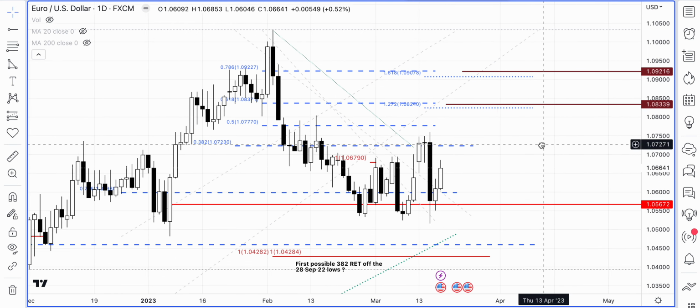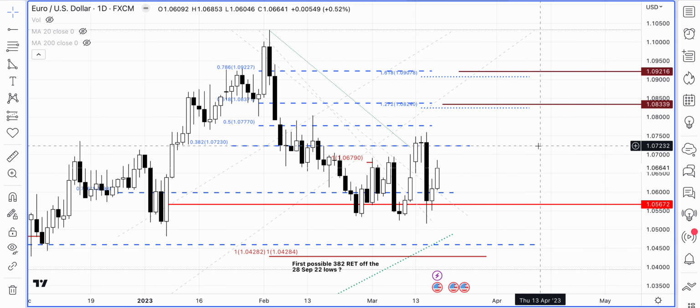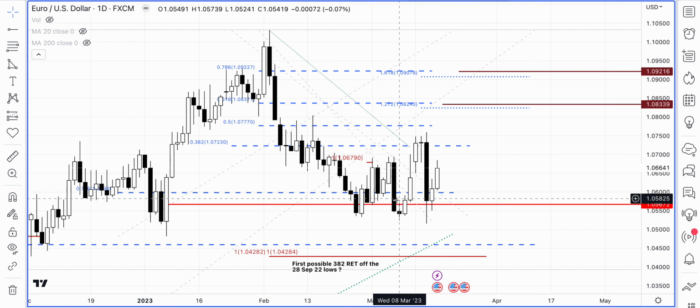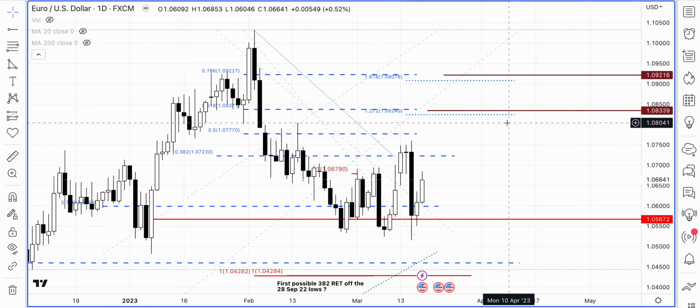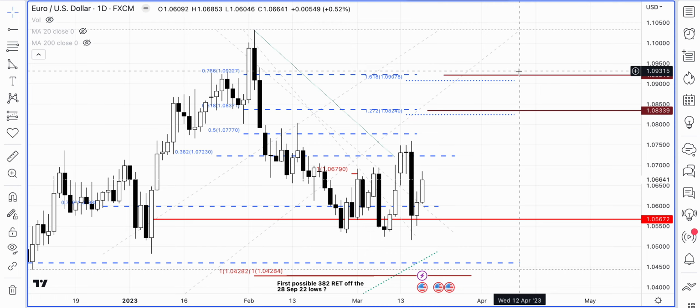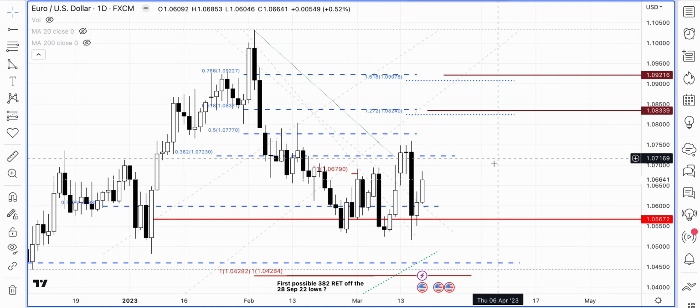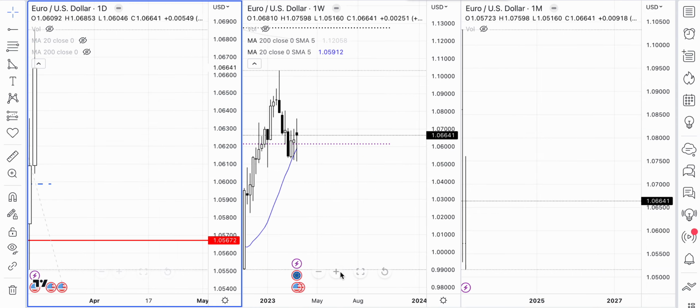So if our analysis is correct for dollar index weakness, then we're going to see strength in the euro currency, and the key levels to watch here are 1.0833 and 1.092. Where you see these brown lines, roughly these are the regions to watch for the upside.